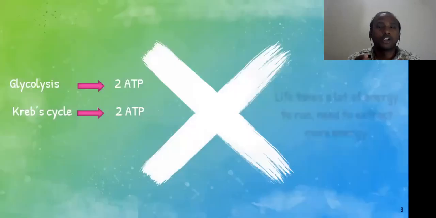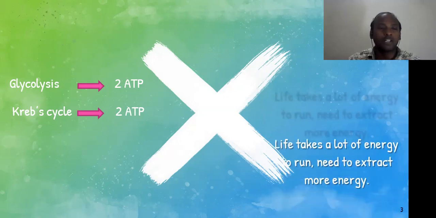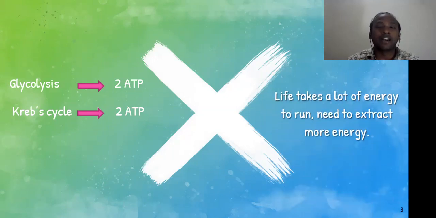Now, just think about this. In the previous two glucose oxidizing pathways, glycolysis and the Krebs cycle, the net production of ATP is 2+2, only 4 ATPs generated. But if you observe, these 4 ATPs are not enough for the cell to carry out its various activities.